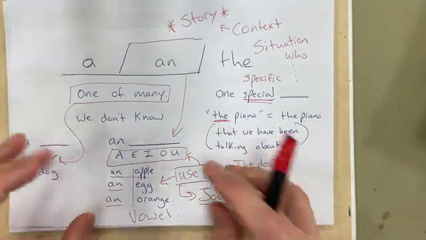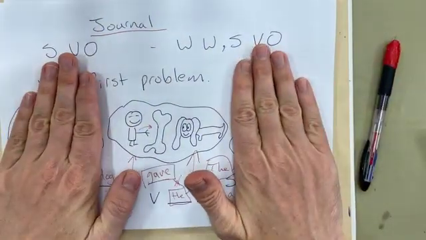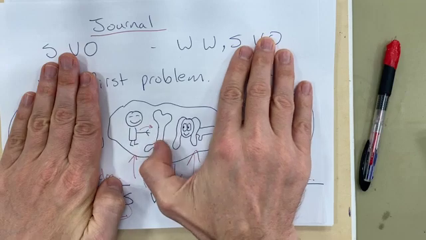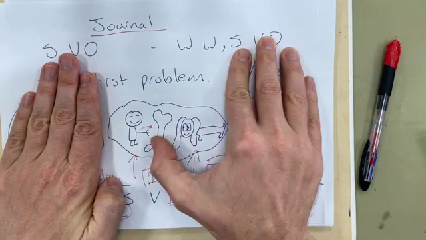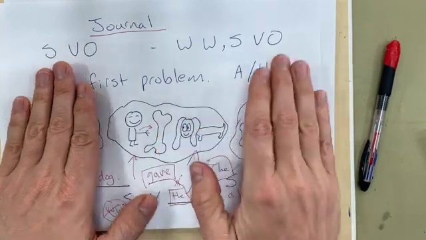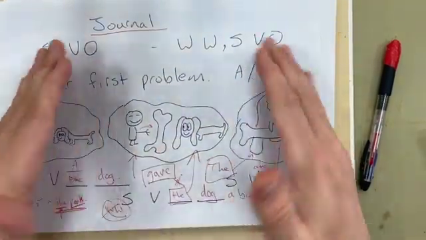lot of people do, one sentence. Let's say I just give you this, and I say, is this the man gave the dog the bone? Or is it a man gave a dog a bone? You don't know because you don't have a story.